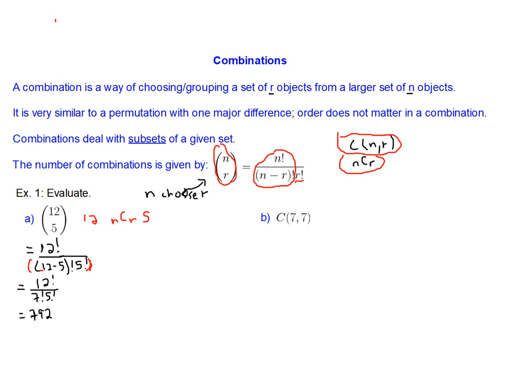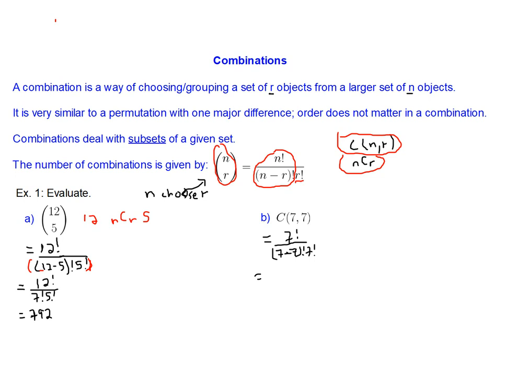Let's move on to this next example here. Similar sort of idea. The notation looks different, but it still means the same thing. In this case, we're looking for 7 choose 7. So 7 choose 7 is going to equal 7 factorial over 7 minus 7 factorial, divided by 7 factorial.